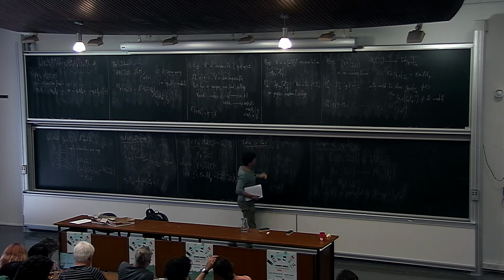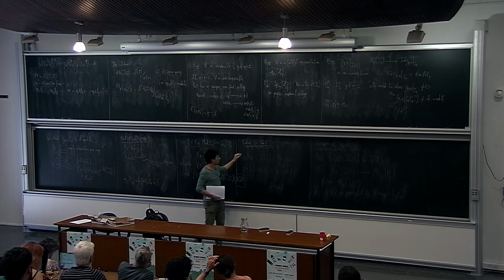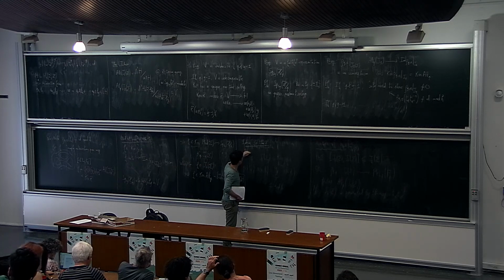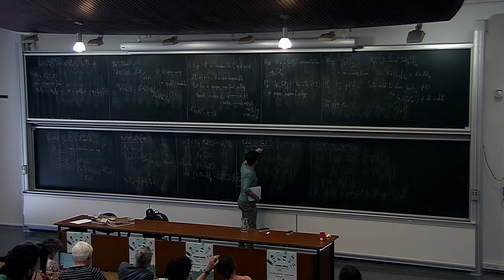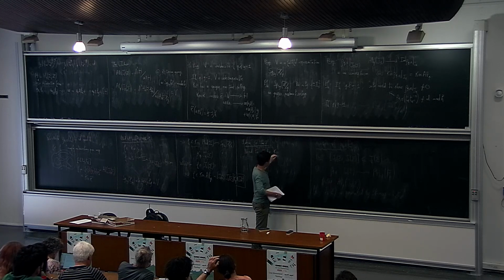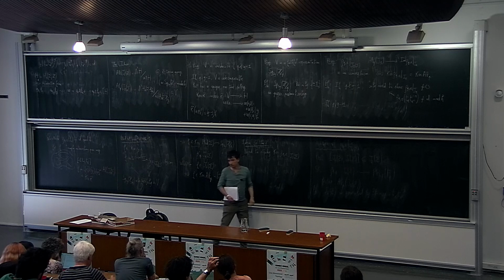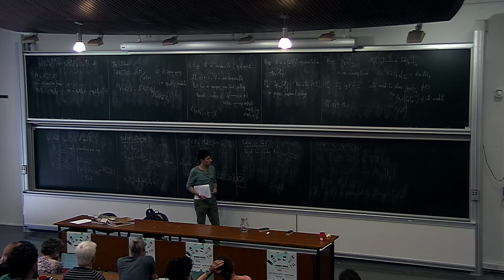So theorem 1, we proved by computing the kernel of rho p1 restricted to J1. So here we need to study the kernel of rho p2 restricted to J2. That's the thing that you need to do here.